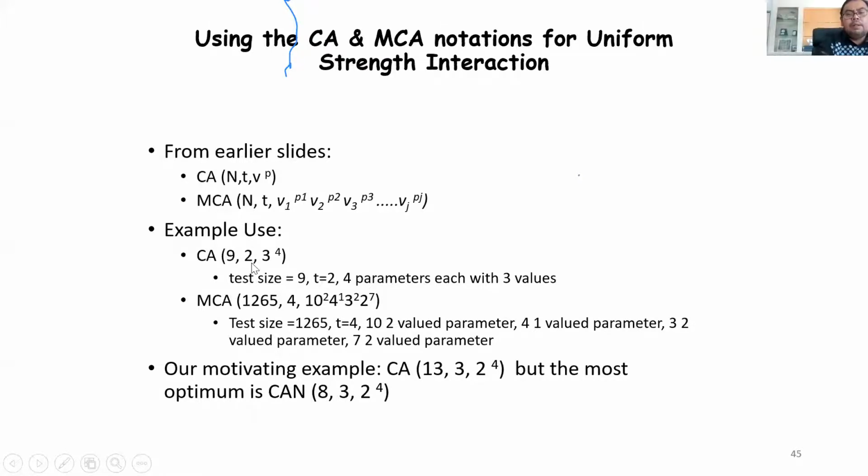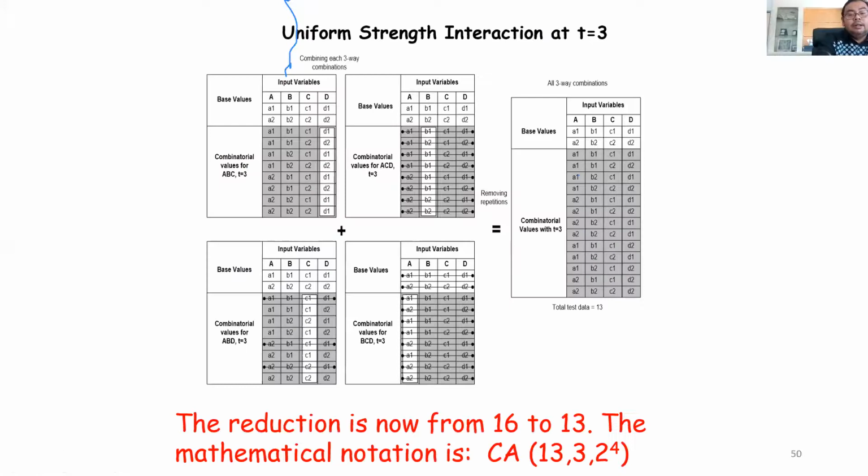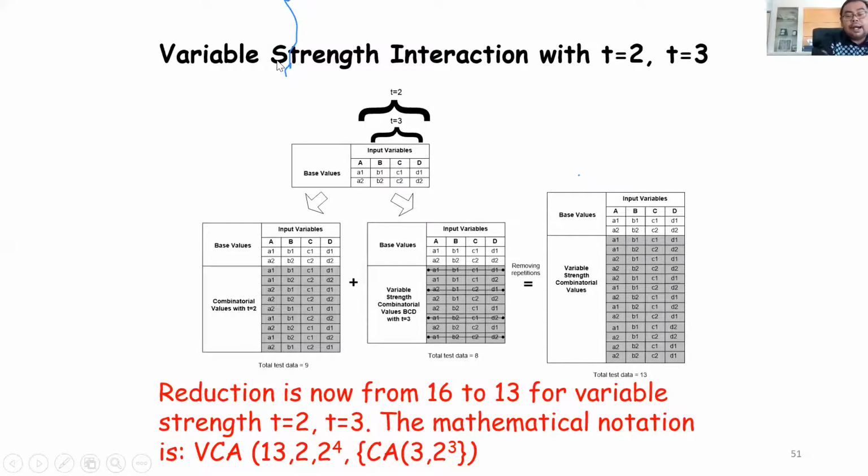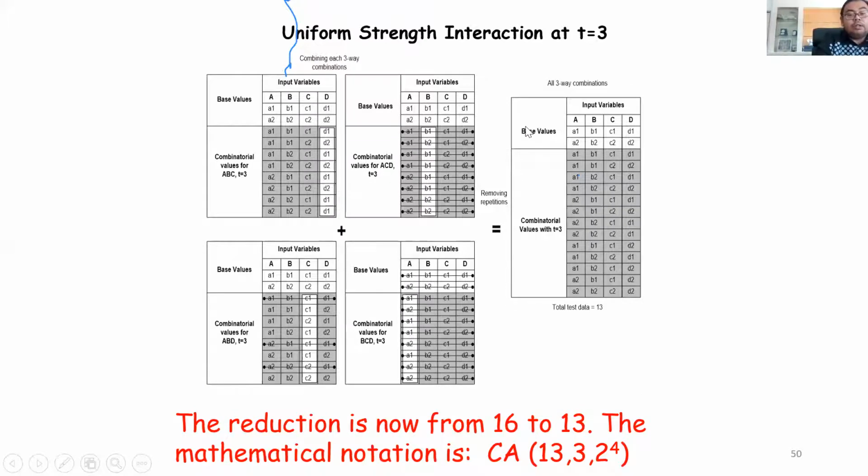Let me give an example first, and then we come back to this. Remember that we did this previously in the previous slide, where you reduce the test cases from 16 to 13 when you take t equal to 3. The way to express this is CA, N is the total test size, 3 is t, and then the values, which are 2 values, and you have 4 parameters.